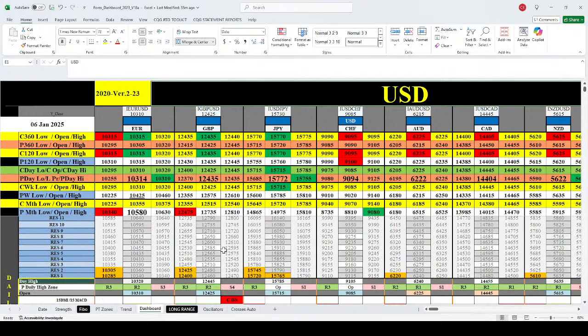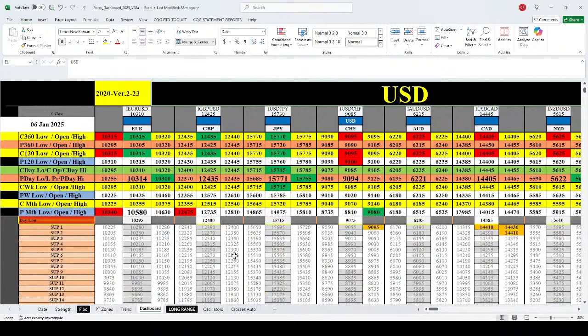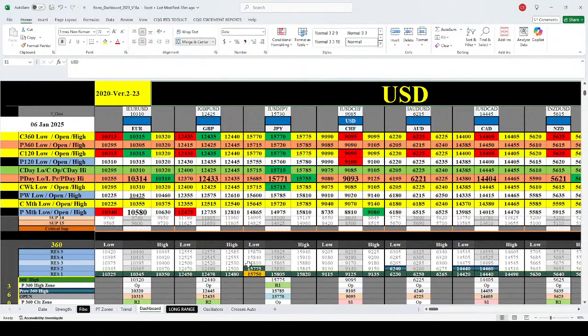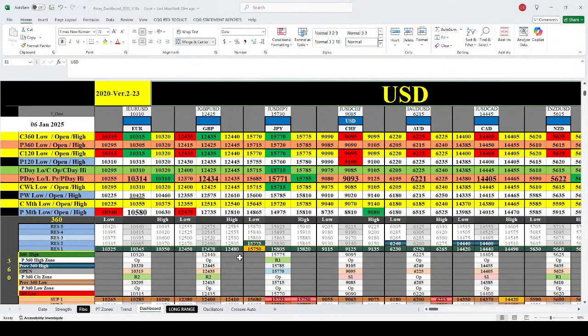So where we can go for a sell, we should be looking to sell somewhere near 12480 or 12505. That should be your selling level.